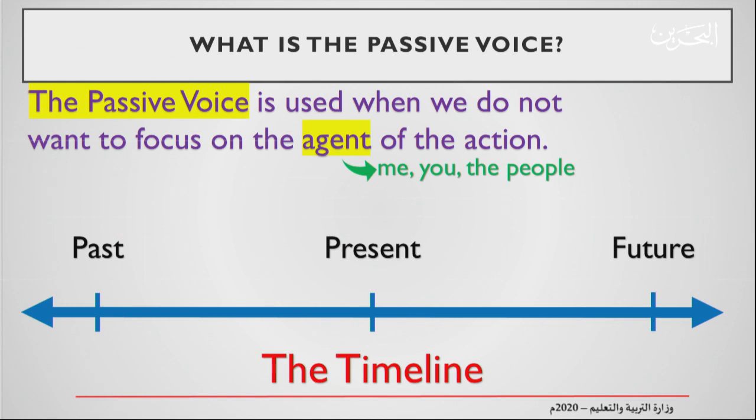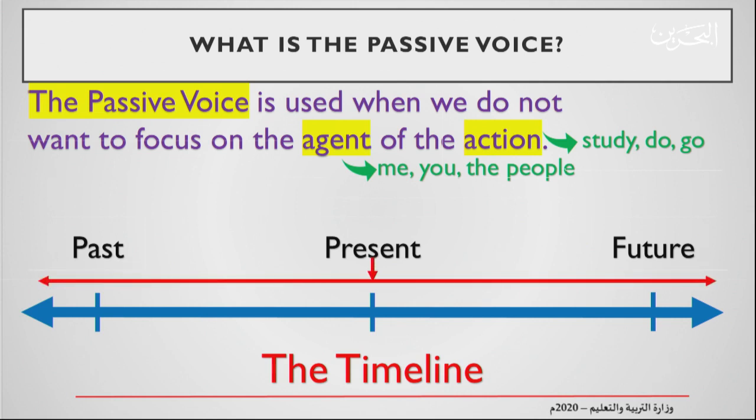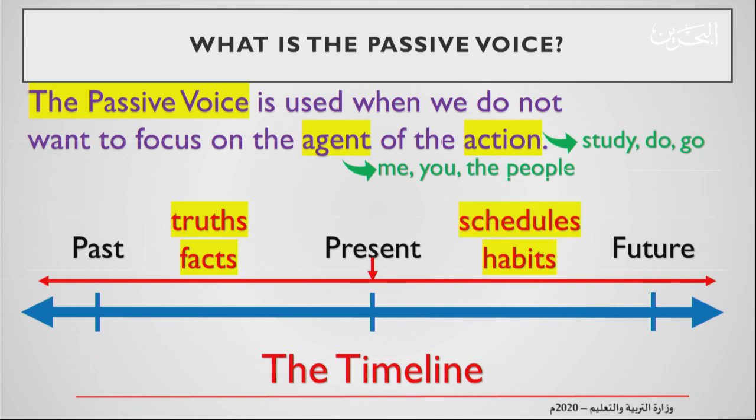And as I said, the agent, for example, me, you, the people. All right? And the actions like study, do, and go. So, it is the passive voice where you can say from the present, which happens as facts and truths all over the time. So, it goes way to the past and way to the future as schedules and habits.